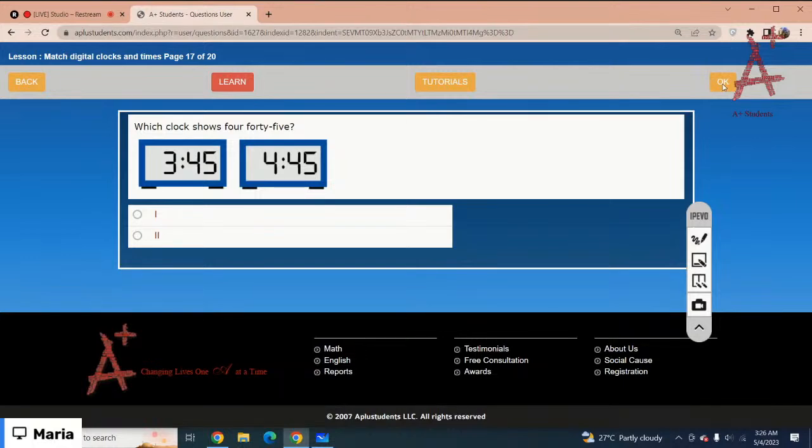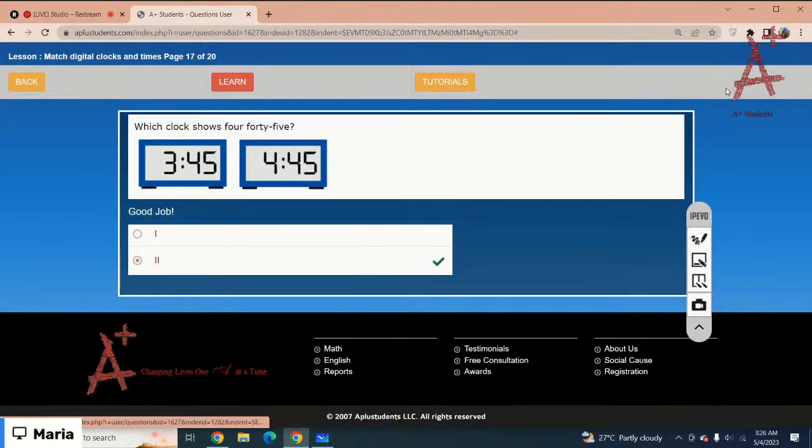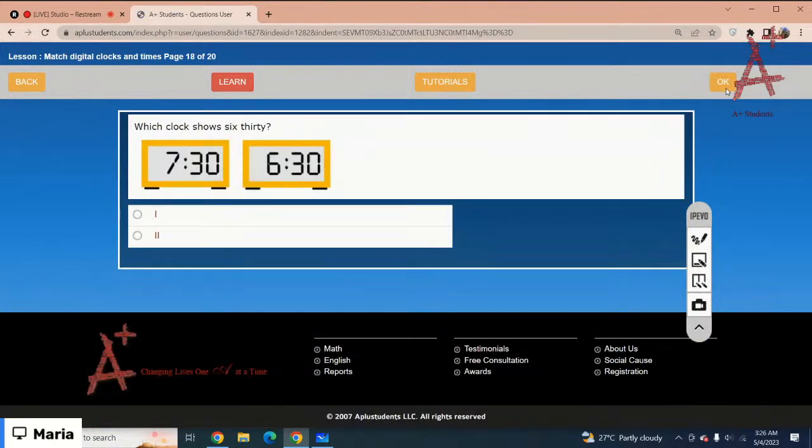Which clock shows 4:45? The second one. The second clock shows 4:45, so the correct option is the second one. Which clock shows 6:30?